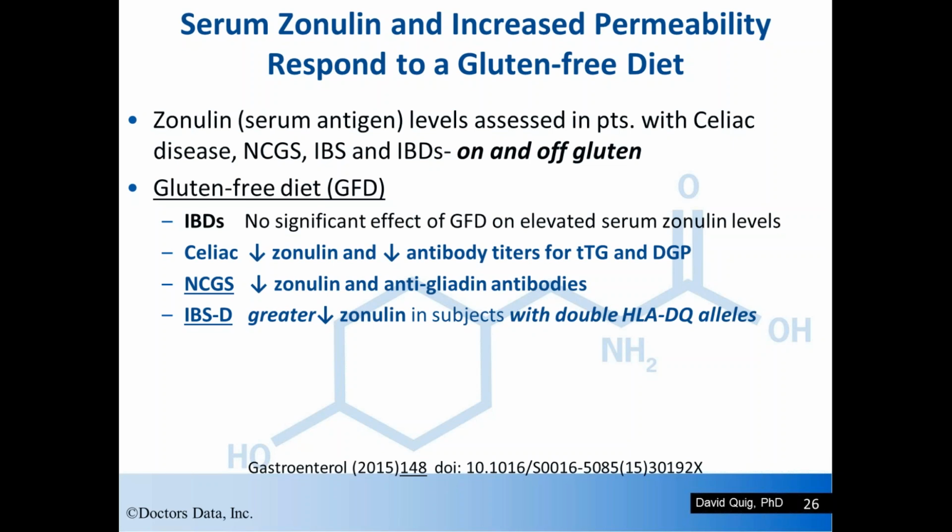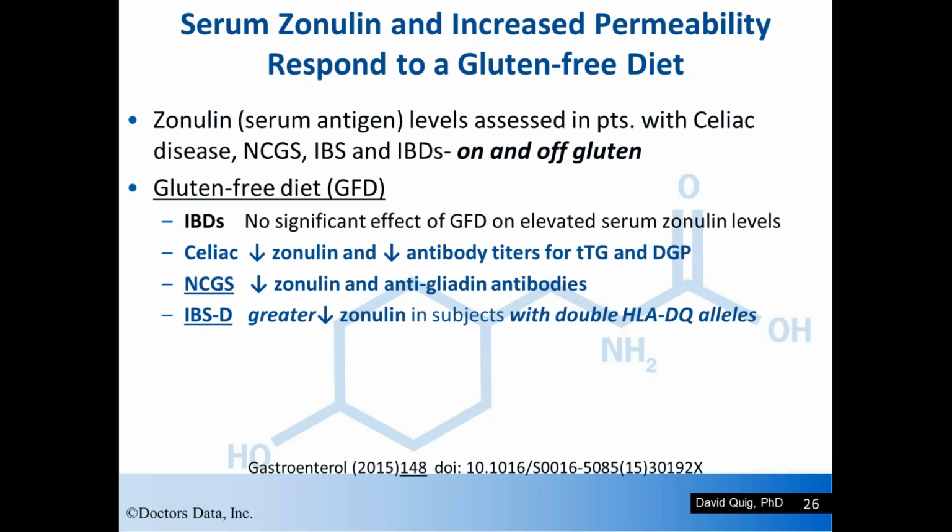As expected in celiac patients, the gluten-free diet was associated with a marked decrease in serum zonulin and decreased antibody titers for the markers of tissue damage, that being tissue transglutaminase and deaminated gliadin peptide, both IgA and IgG.